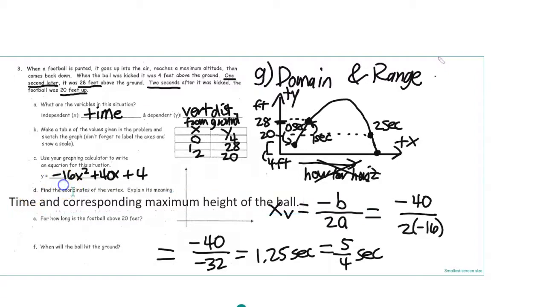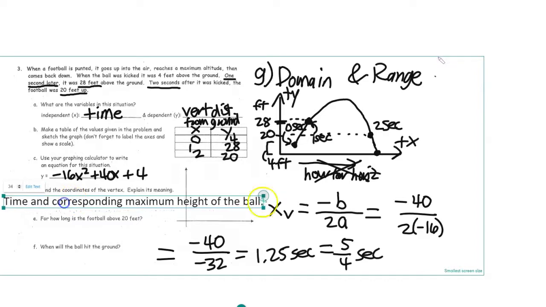Okay, I know it's going over some, let me just make this a little smaller. You should be able to see it there, right? Time and corresponding maximum height of the ball. Okay, awesome. For how long is the football above 20? Well, let's see. We know that it's at 20 feet at 2 seconds.